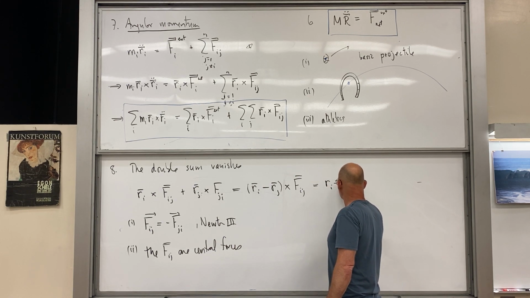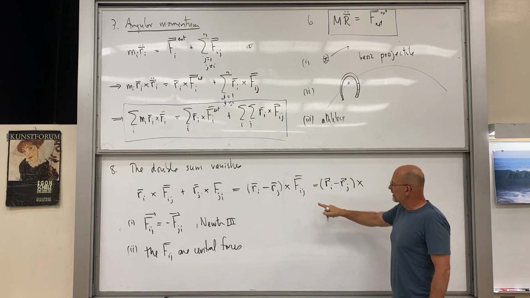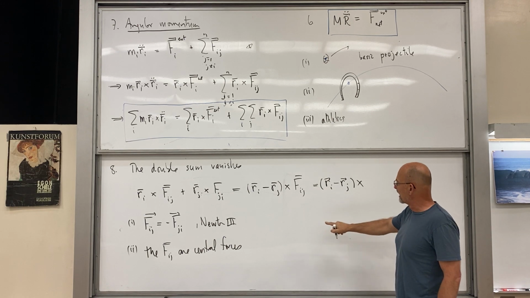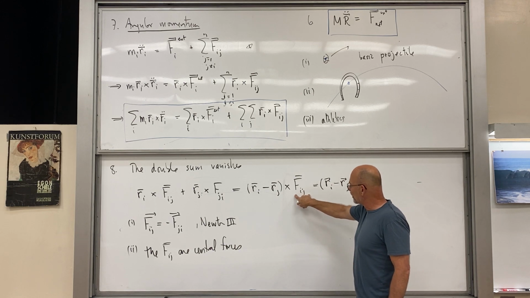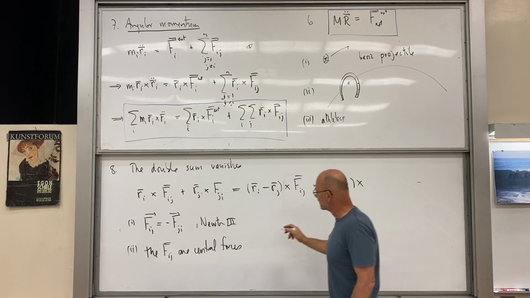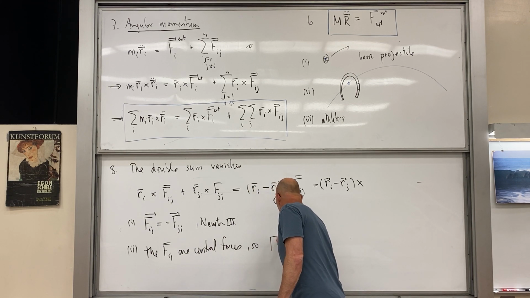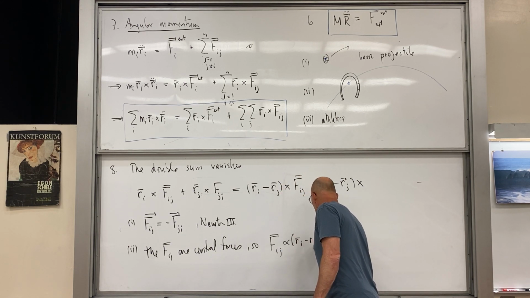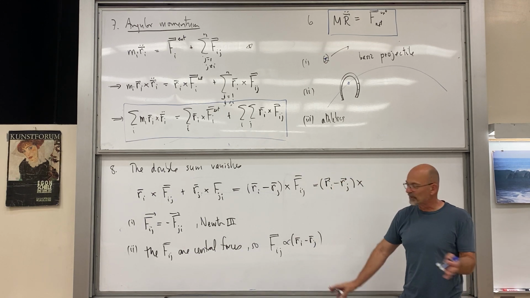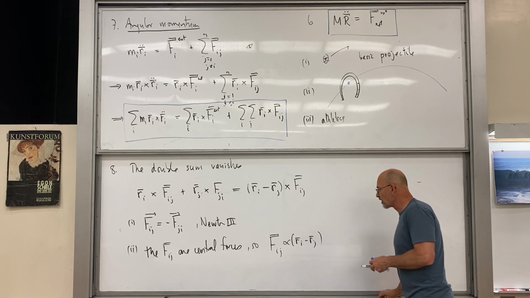Point I'm trying to make, and I could actually just state it. If these are central forces, then they're proportional. Yeah, I'll do it this way. Fij are central forces, so Fij is proportional to Ri minus Rj. It's enough to say that. I don't know what the sign is or what the actual law is. Okay. So let the argument have been made here.